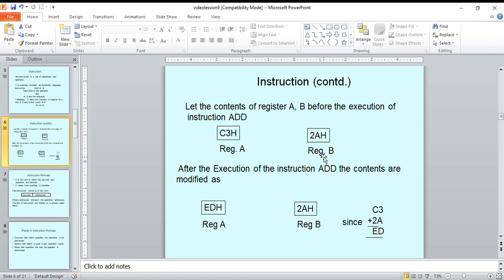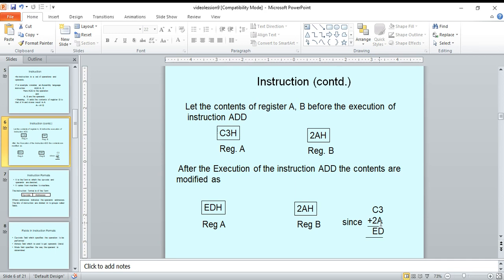Register B holds 2AH, and after the execution of the instruction ADD, the contents are modified like this. Initially register A holds C3H and register B holds 2AH, and after the addition operation we are adding the contents of register B to register A.